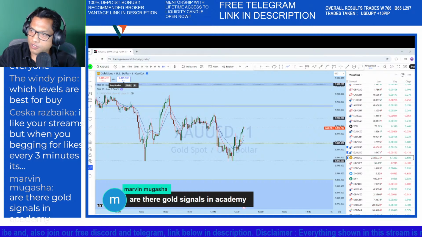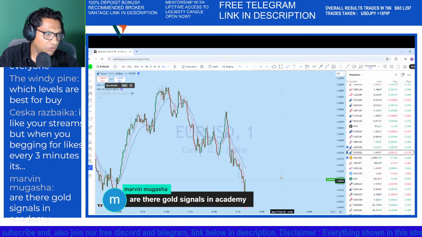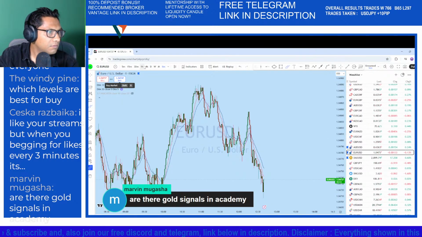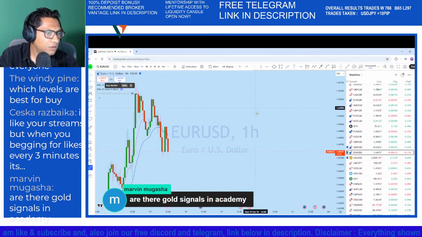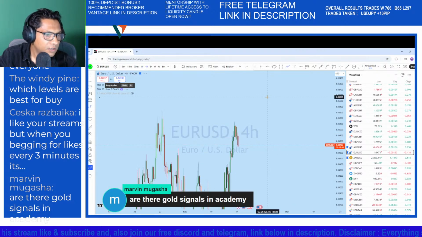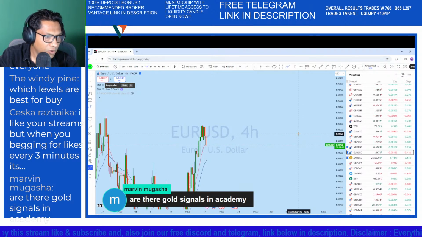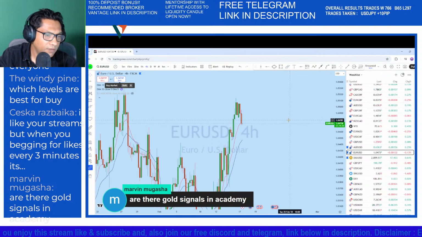I have another chart here, looking at what's happening with the euro dollar. Euro dollar has managed to break below again, and if we look at the 4 hour on euro dollar, I was looking at that instrument as well.